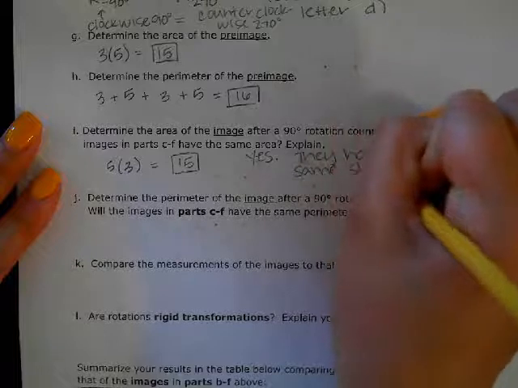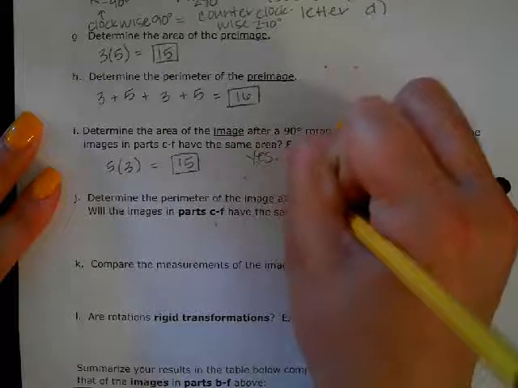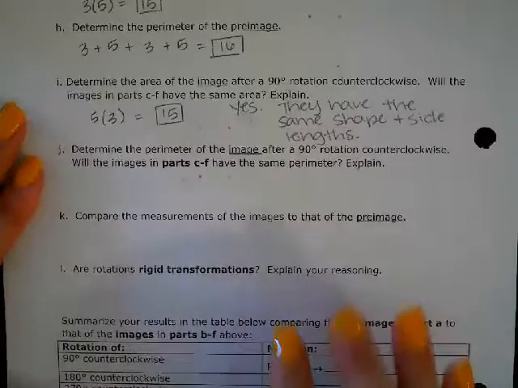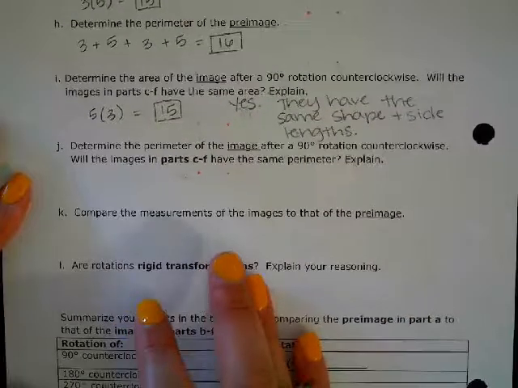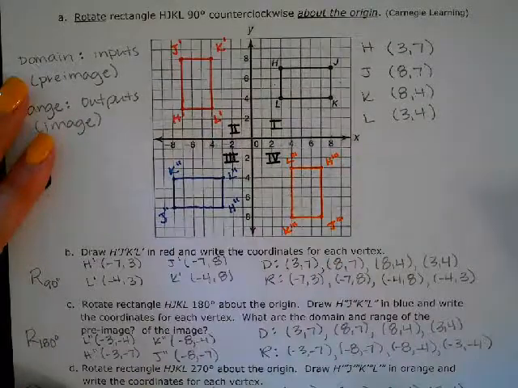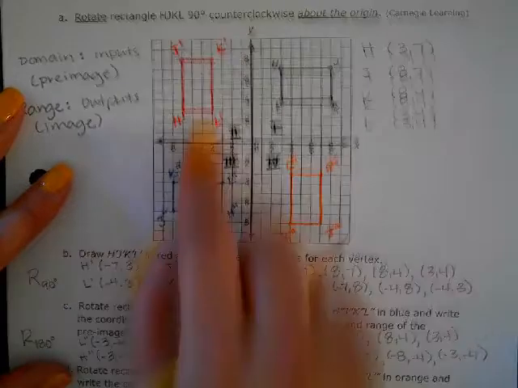Okay. All right. Determine the perimeter of the image. What's the perimeter? 16 units. Well, 5 plus 3 plus 5 plus 3.